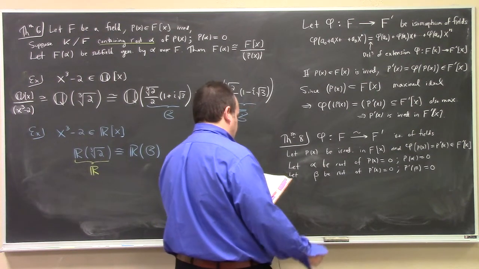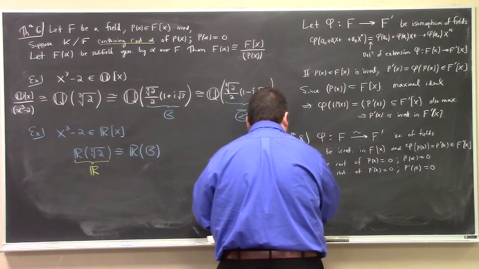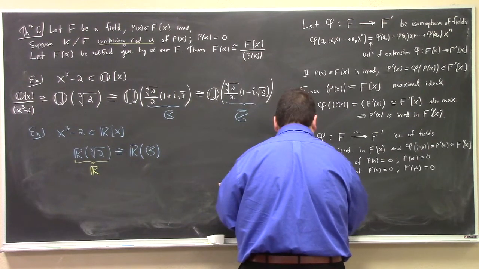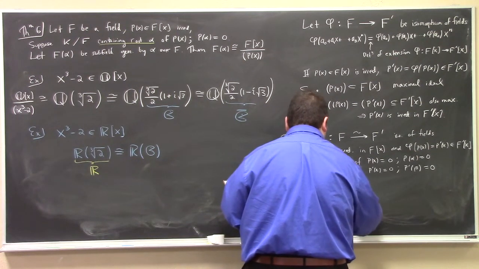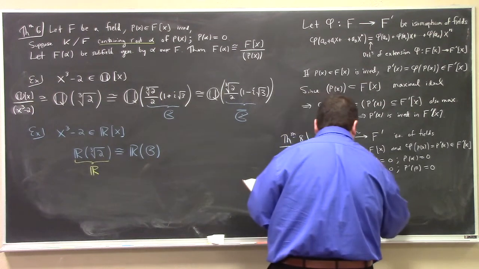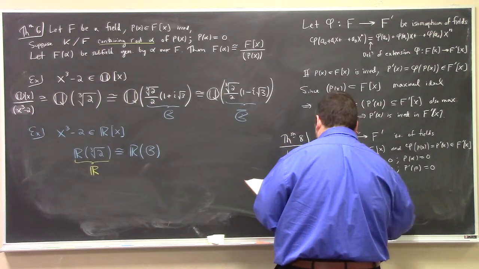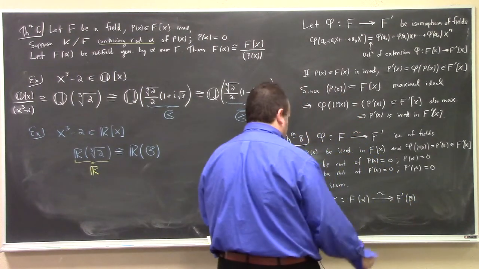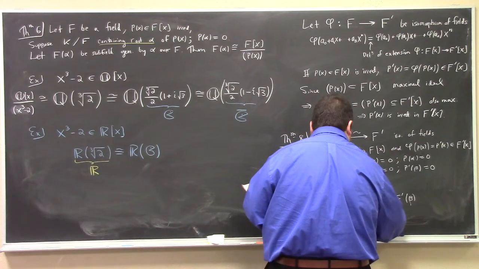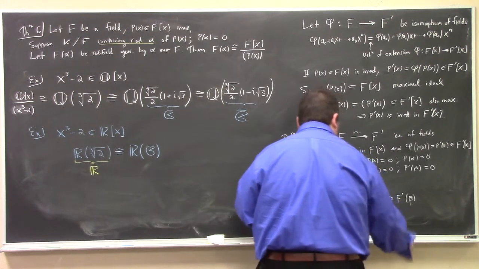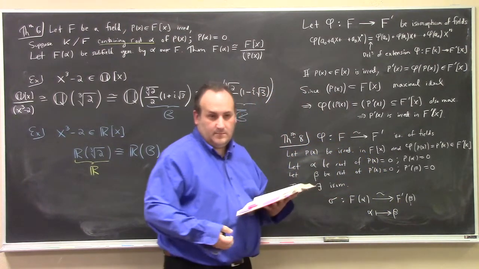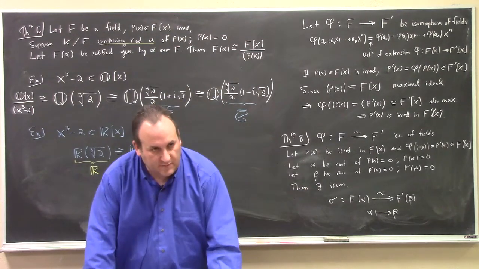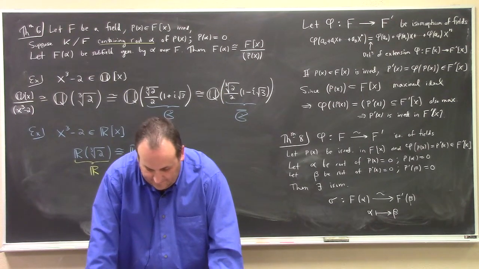Then there is an isomorphism sigma mapping from F of alpha to F prime of beta. And it's given by simply mapping alpha to beta and extending naturally. So in other words, alpha maps to beta, alpha squared maps to beta squared, 1 maps to 1. You can build the formula from that.